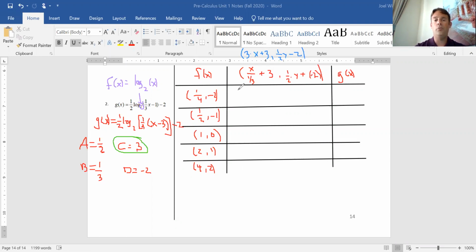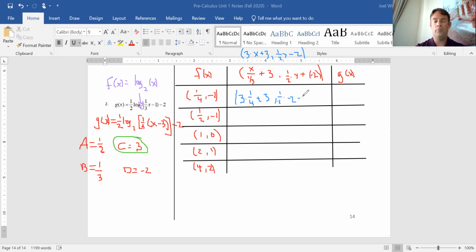And just like before, I'll do 1, and then I'll just list the points again. So 3 times my x value of 1/4 plus 3. Then I'm going to take my y value, so 1/2 times my y value. In this case, the y value is -2.